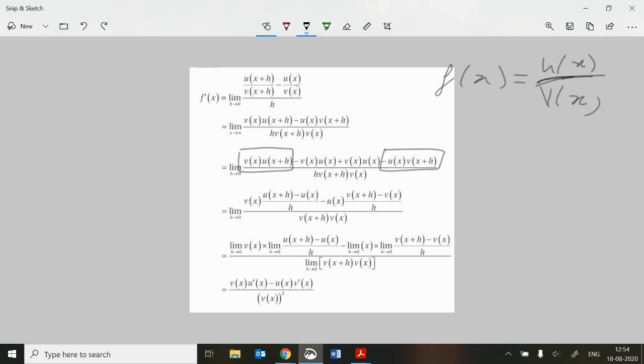Now, that gives us the definition here when we bring in our limit, okay, which we can do, of course, because of the properties of limits. So when we bring that in, we're going to end up getting du dx for this and dv dx for this one here as well. Now you can see how they've done that. You can see how they've factorized that out. They've brought the divide by h into the row above.